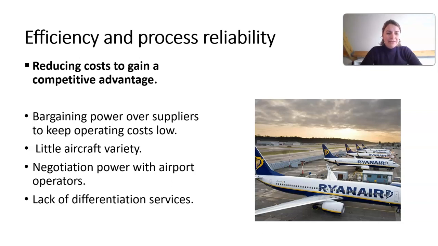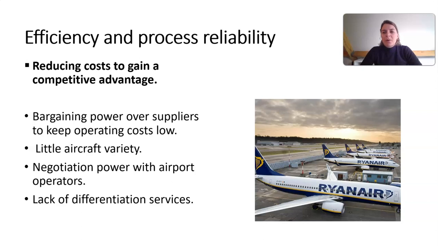They have little aircraft variety, so they often use the same aircraft. They have a lot of negotiation power with airport operators, and they have a lack of differentiation of services. All the services are very simple and similar. These are all strategic decisions that are made by the top executives of these organizations.